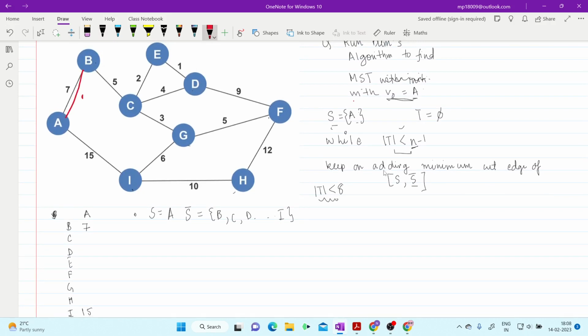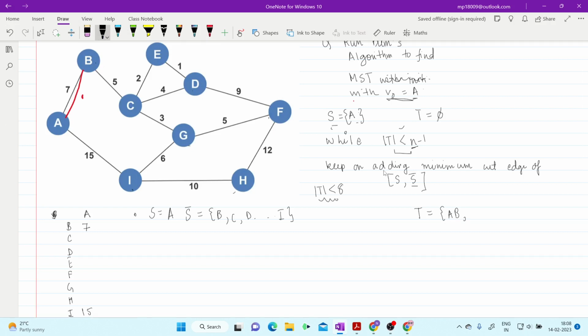I'll also write a number. The red number depicts the stage at which the edge is being added. So okay, let's take black only. So T has one edge, AB.